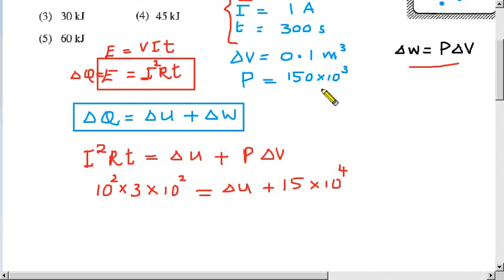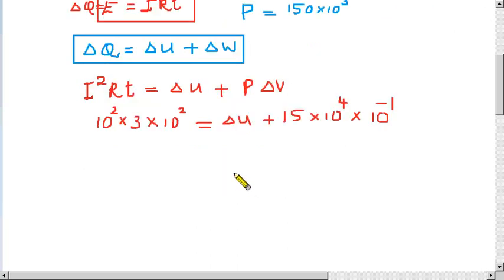Then delta V is 0.1, but we can write 10 power minus 1 instead of that. So let us simplify, let us isolate delta U while simplifying at the same time.